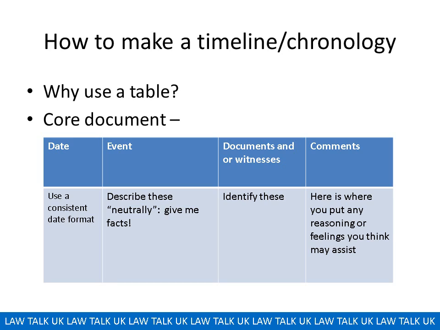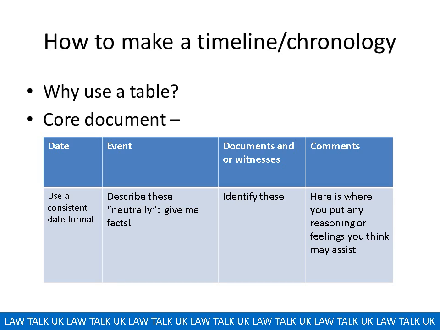So if you try at least at the beginning to put the facts as neutrally as you can, you'll see later on there's a column that I've included for your comments, and separating out the facts from your comments on the facts or your feelings about the facts could be very important in some cases.